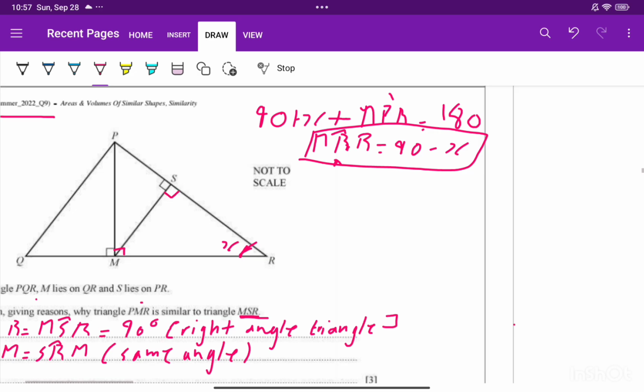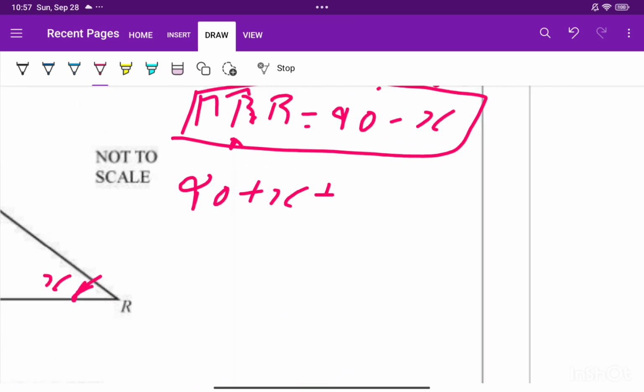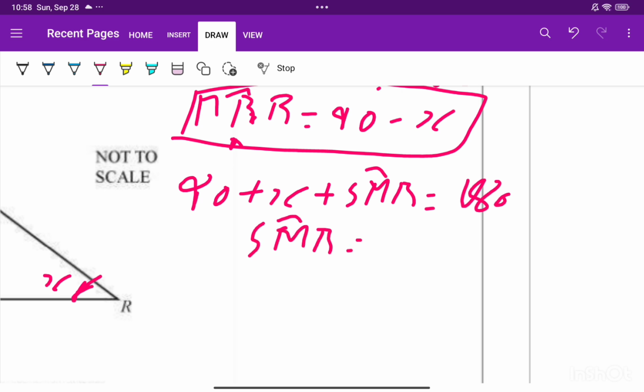Okay, now if we take MSR, we can find this angle because the sum of triangle angles again adds up to 180. So 90 plus x plus SMR equal to 180. So SMR equal to 90 minus x.